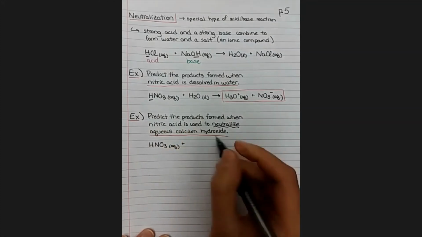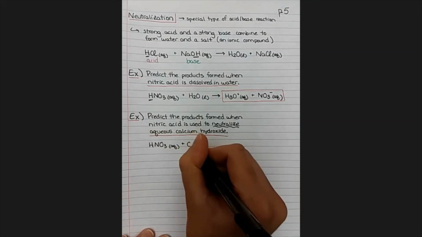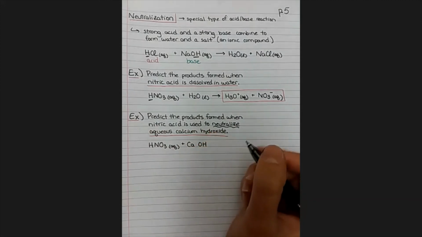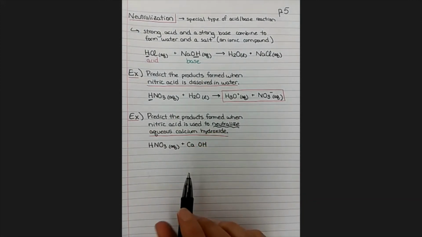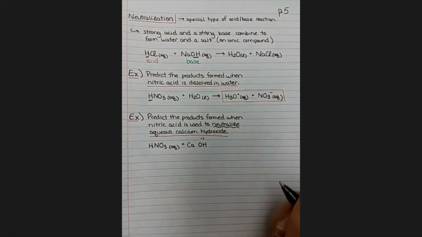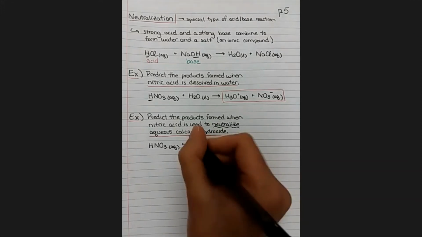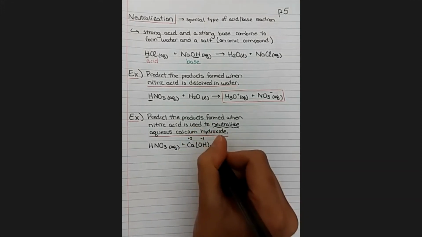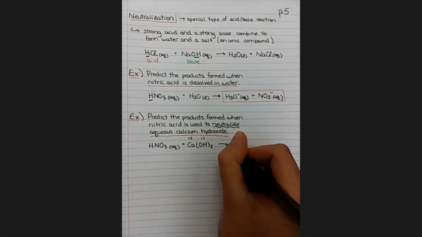Strong base is anything with a hydroxide in it, calcium hydroxide. And I know the polyatomic ion hydroxide is an OH. Make sure you check if you didn't memorize the formula so that this is balanced. Hydroxide has a -1 charge and calcium has a charge of +2. So there are going to need to be 2 hydroxide groups in this base.